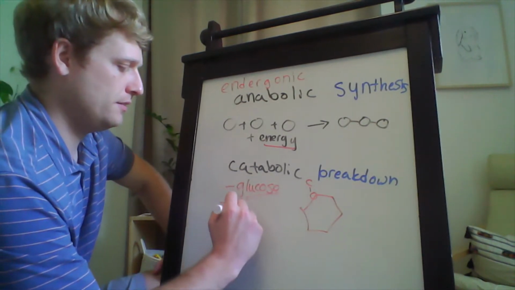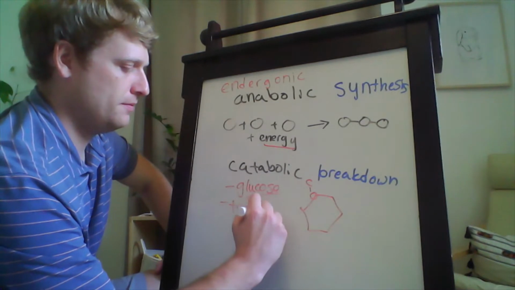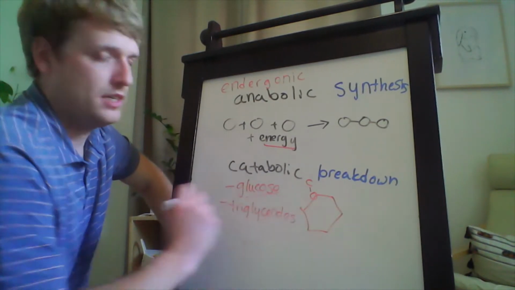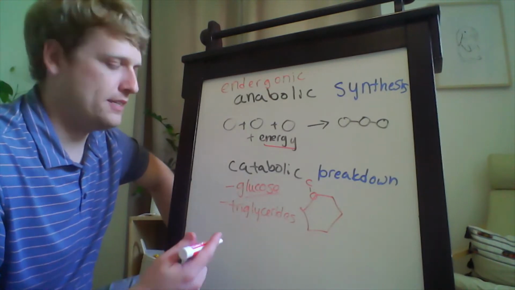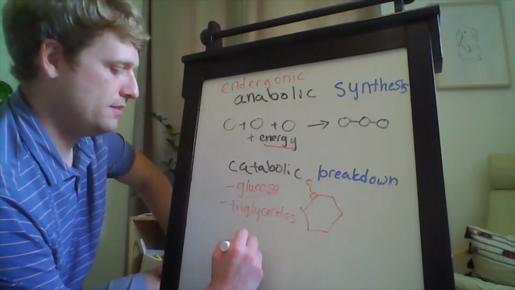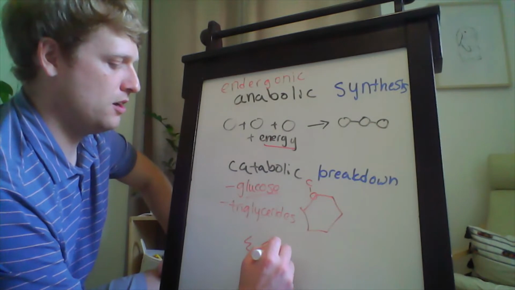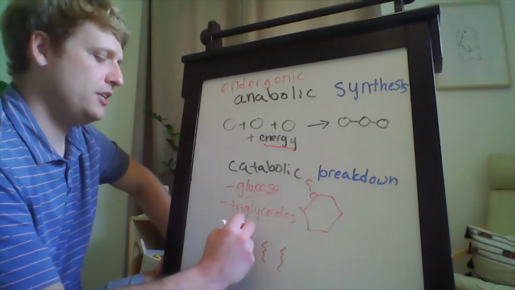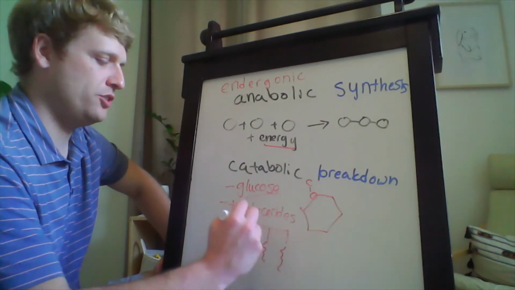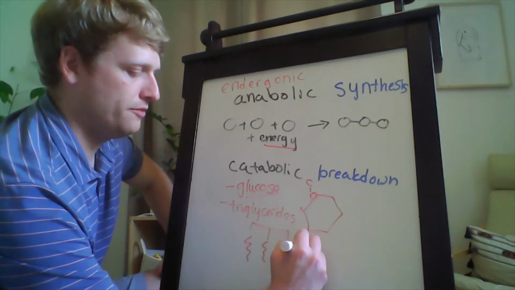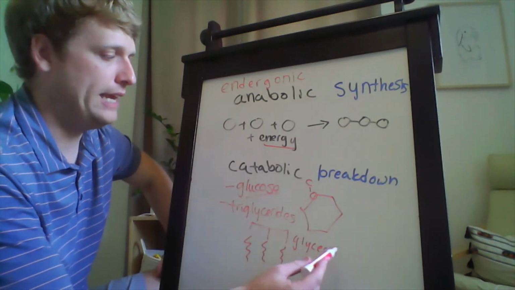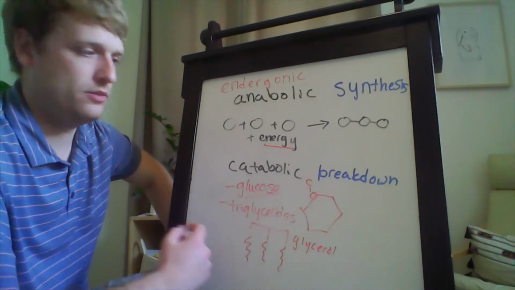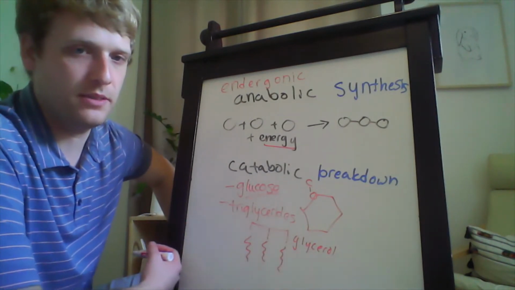Triglycerides. So a triglyceride is a stored fat. You have fatty acids. Remember, fatty acids have these long tails. And you have those fatty acids being joined to a molecule of glycerol, which is actually related to glucose, which is why the name sounds a little bit similar.